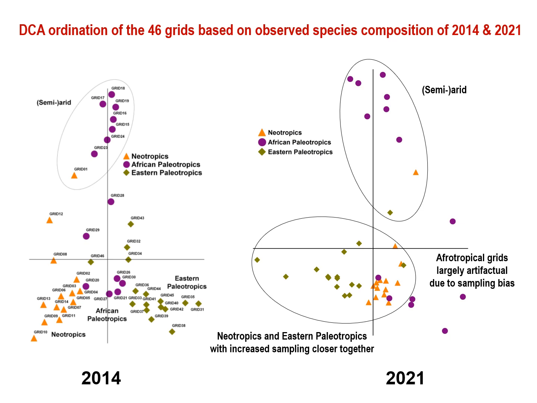Not only do the Neotropics and Eastern Paleotropics have more in common than appeared in 2014, the non-arid African Paleotropics appear notably more distinct from both the Neotropics and Eastern Paleotropics than before, anchoring the right end of axis 1.